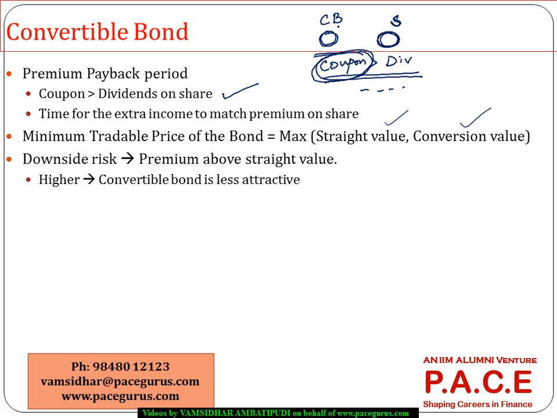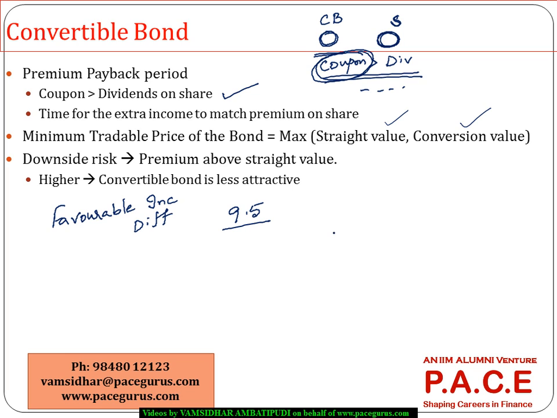So if I want to know the premium payback period, I take the market conversion premium divided by the favorable income difference between the shares. This is an important one.